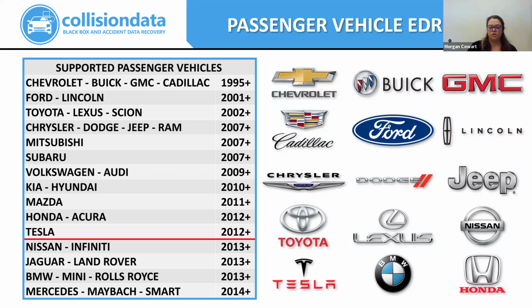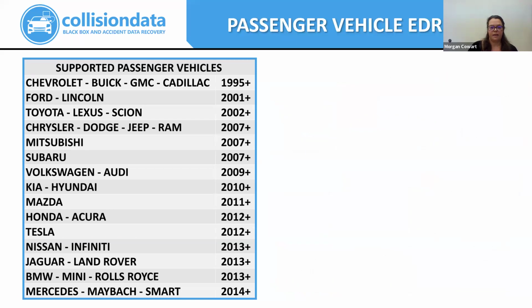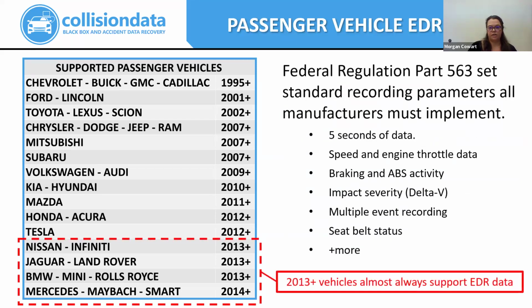And then in 2012, there was a federal regulation that said all vehicles on the road had to record the data. So while most manufacturers had already started recording the data prior to then, in 2013, all vehicles on the road now have that pre-crash data.